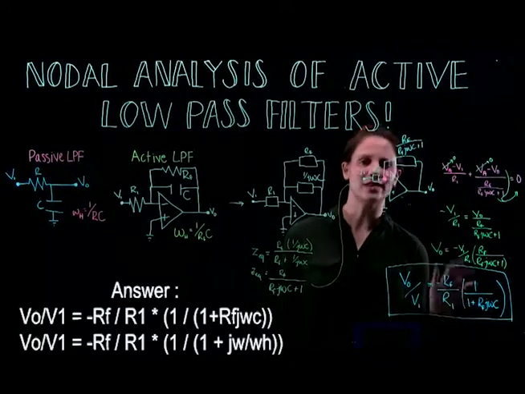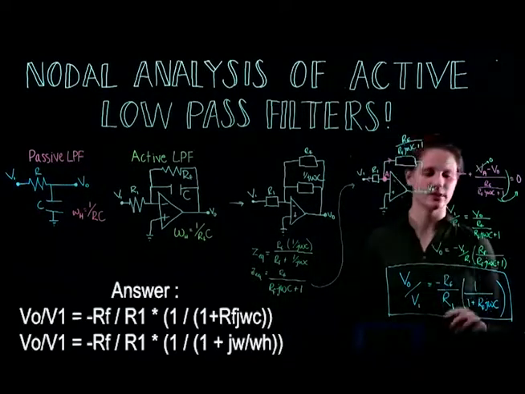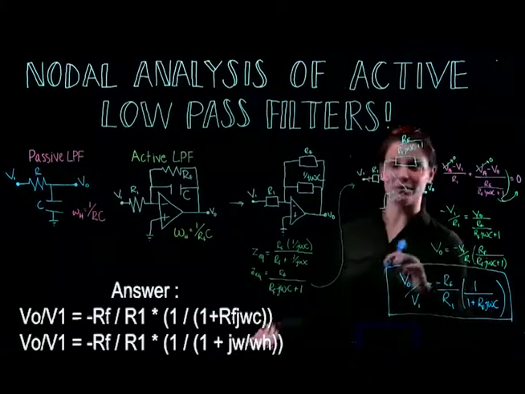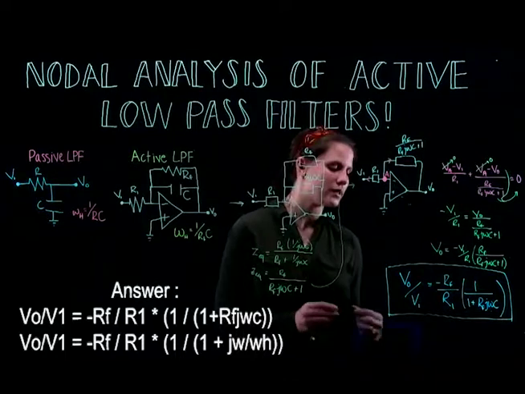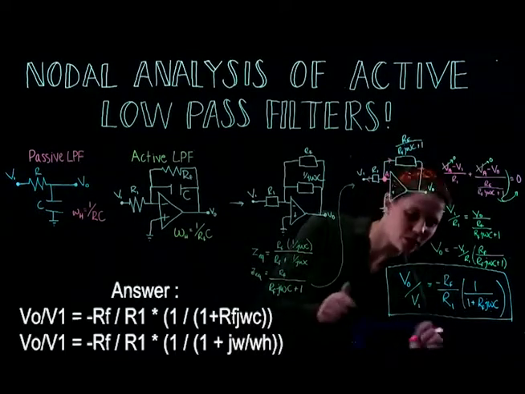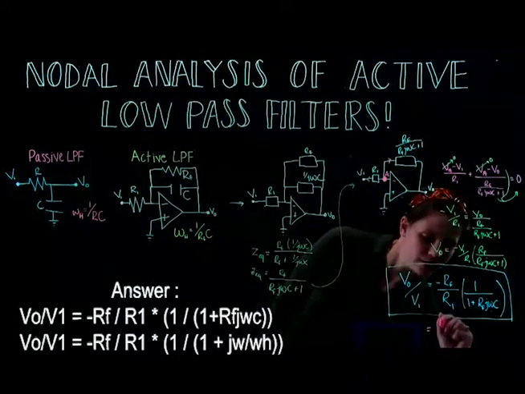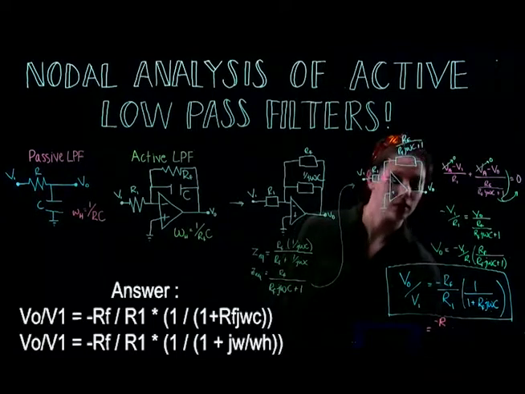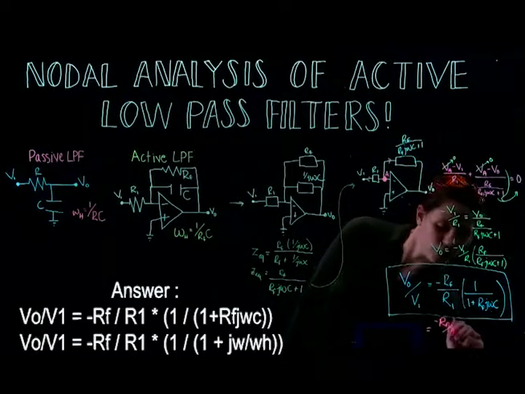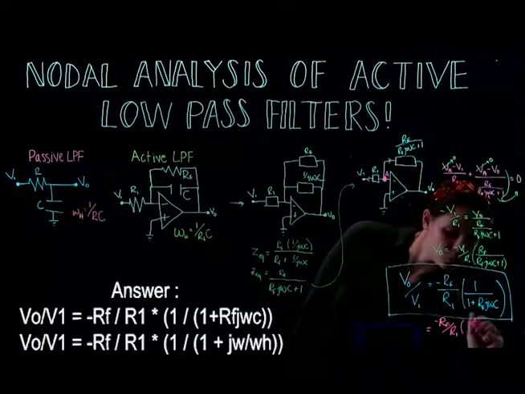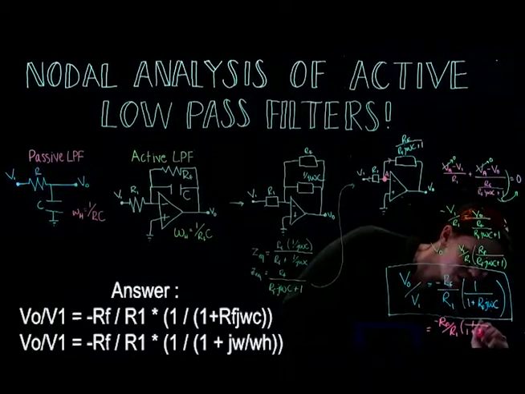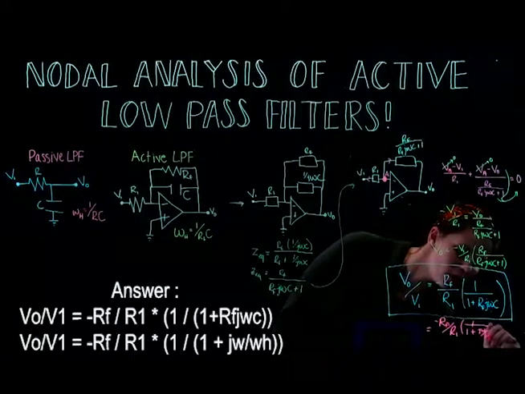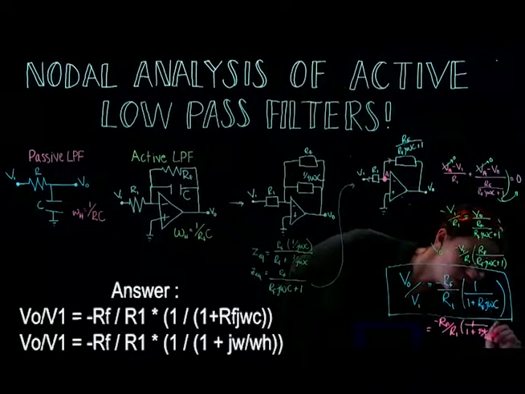So, how do we know that this answer is actually right? All right, if you wanted to be really extra and have a little bit of fun with this, we could rewrite this such that it also equaled RF over R1 times 1 over 1 plus JW divided by our cutoff frequency, WC.